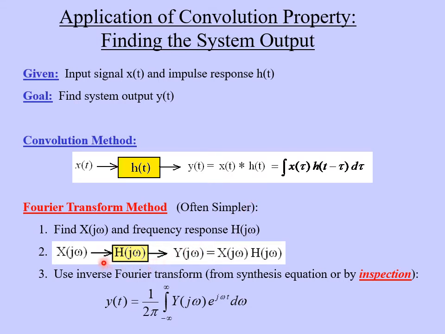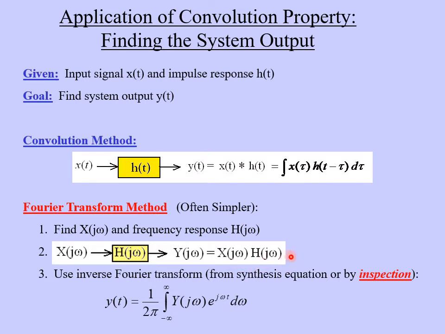So in the frequency domain, the input signal X goes into our system. The system has a frequency response of H, and the output Y is given by the product, not the convolution, but the product of X and H. This is the advantage of working in the frequency domain. We don't have to do any convolution. We can just multiply these two functions together.